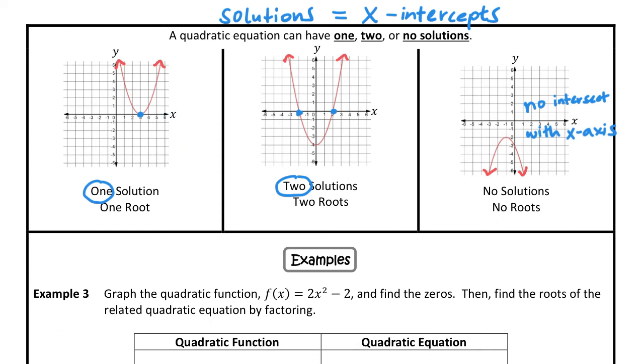Okay, so graphically, these are basically the 3 possible situations that can happen. If I graph a quadratic function, I can either have a graph that only touches the x-axis once, touches the x-axis twice, or doesn't touch or intersect the x-axis at all.